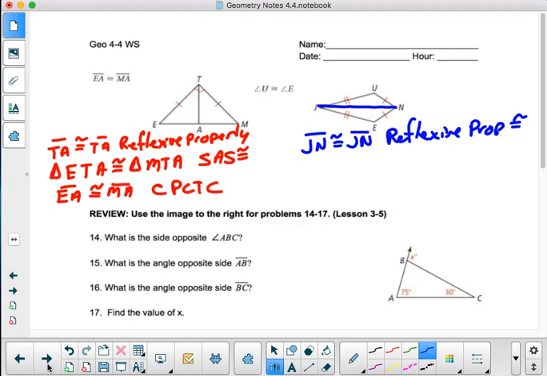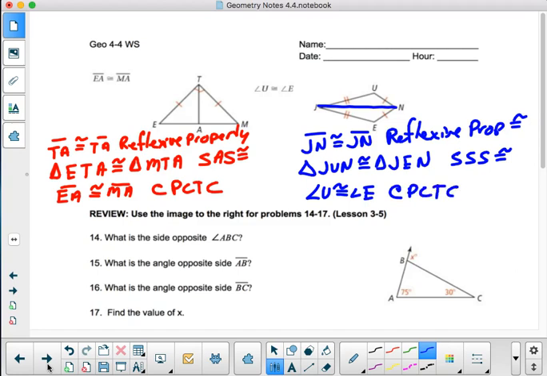And now I know the two triangles, triangle JUN is congruent to triangle JEN because of side, side, side congruence. Okay, and angle U is congruent to angle E because of CPCTC.